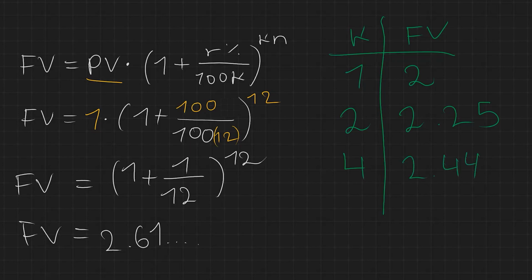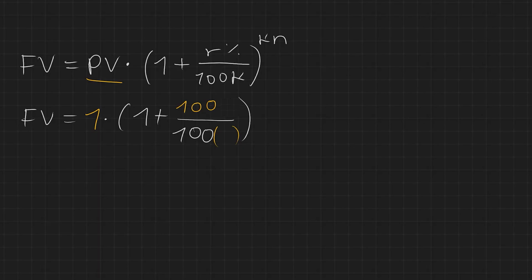Now that we've increased k all the way to 12, we get 2.61. So what we can see is, as the number of compounding periods increases, the future value also increases. And this is obviously good, right? But one thing we can notice is that the amount by which it grows is actually decreasing every time we increase the value of k.